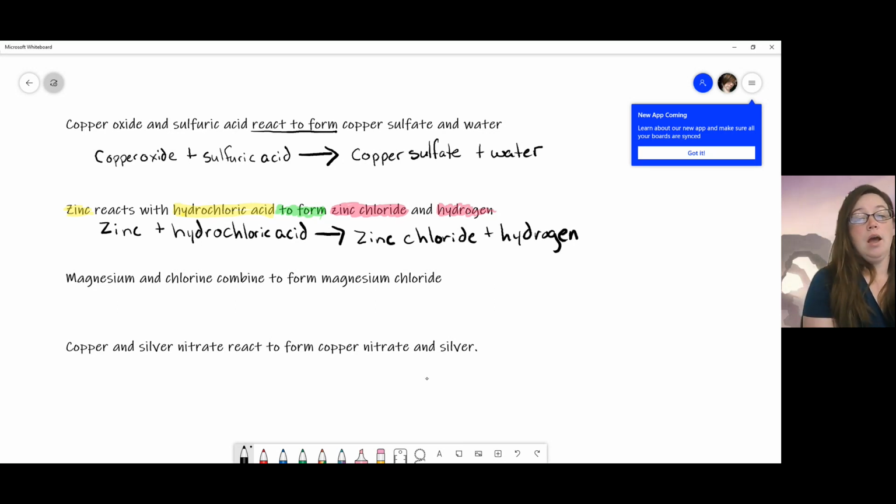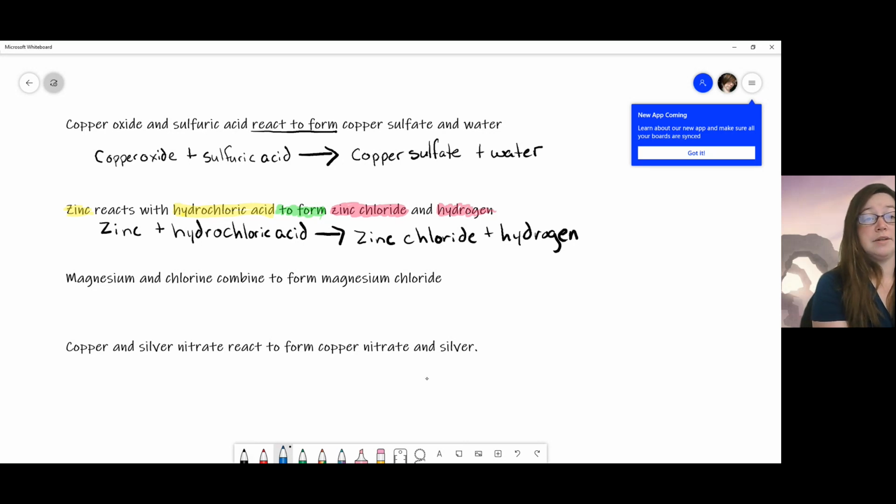Now there's also this thing called a skeleton equation. For the most part, when you've seen a chemical equation in your textbook and in practice last quarter, it was a skeleton equation. Skeleton equations use the symbols, but they don't tell you how many of each thing you have. So I'm going to take these first two and turn them into skeleton equations as well.